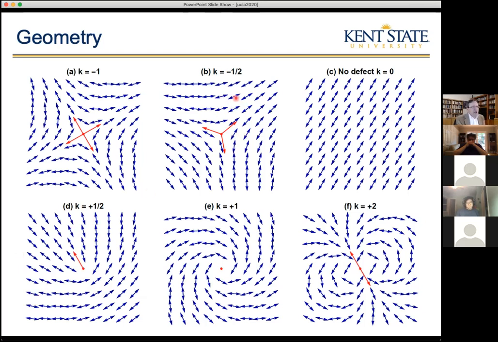Likewise, for a -1/2 defect, it looks like a triad, right? Pointing in 3 characteristic directions. And that's always been about the first thing that students notice in looking at pictures like this, but it is not captured by saying that there is a scalar topological charge of -1/2.